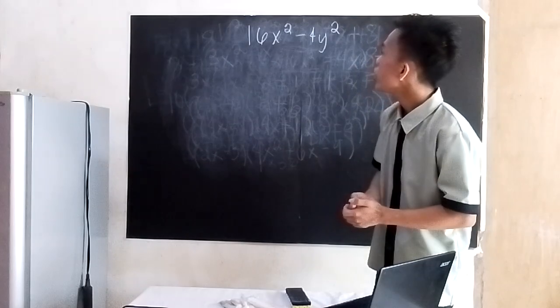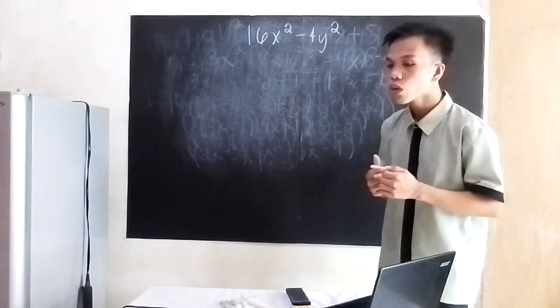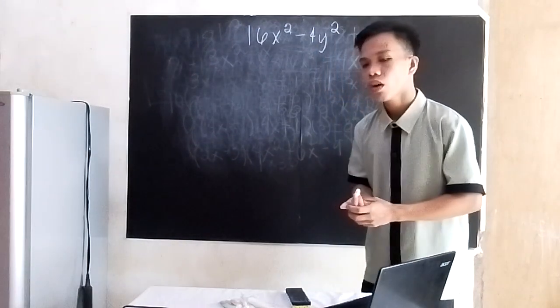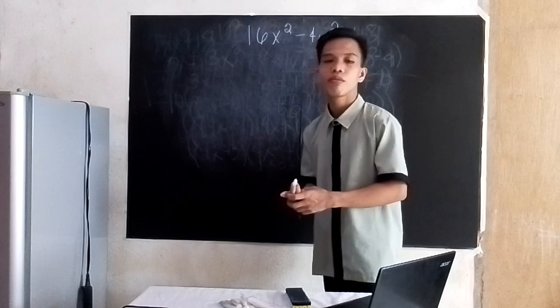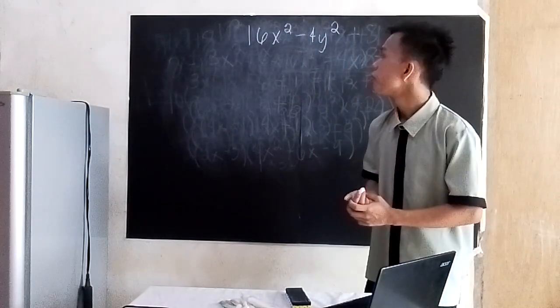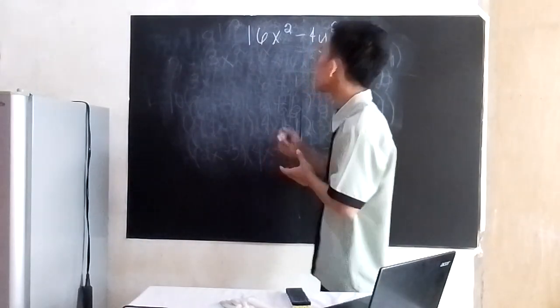So another example: 16x squared minus 4y squared. In here, what is our first step? Let's have Karingal. That's right, so we are going to extract the square root of each term.